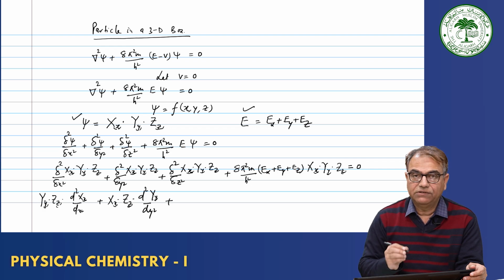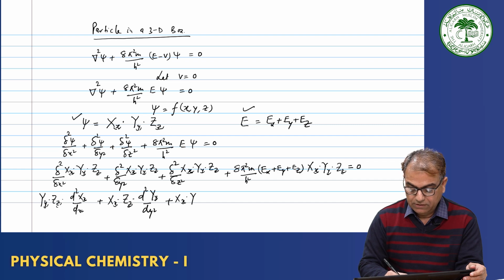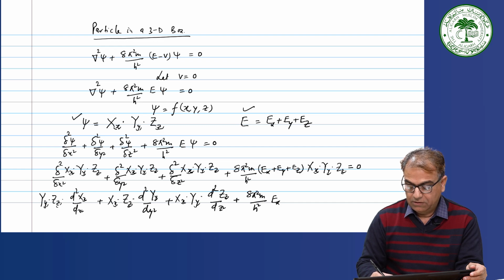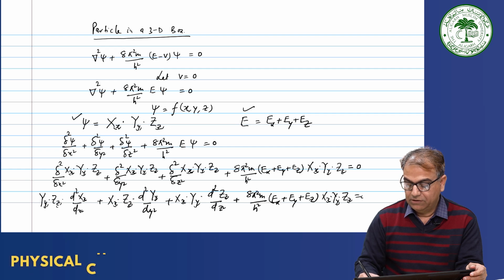And here you are differentiating with respect to z, so X and Y you will bring outside, d square Z by dz square, plus 8 pi square m by h square (Ex plus Ey plus Ez) X, Y and Z is equal to 0.